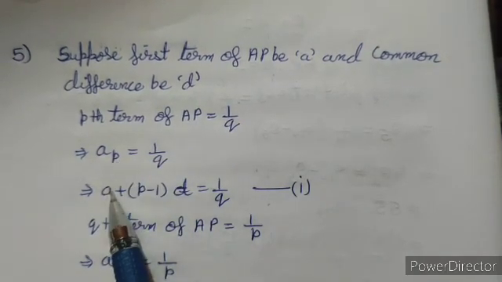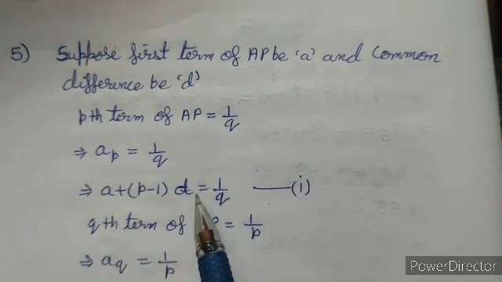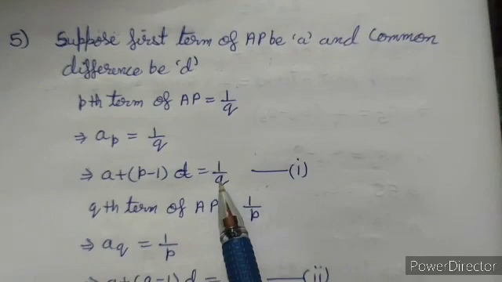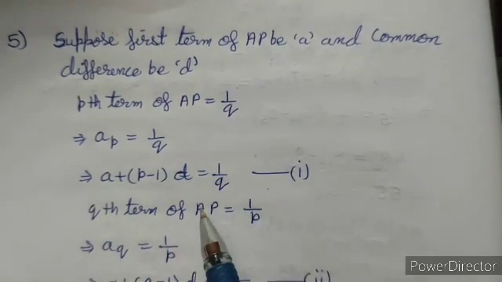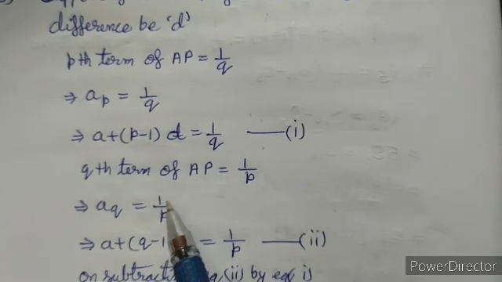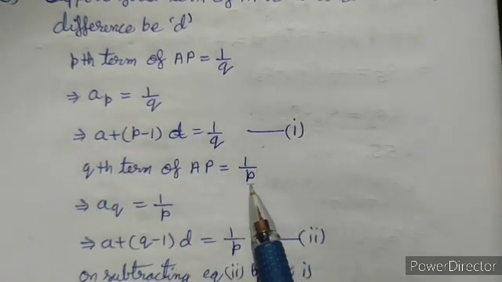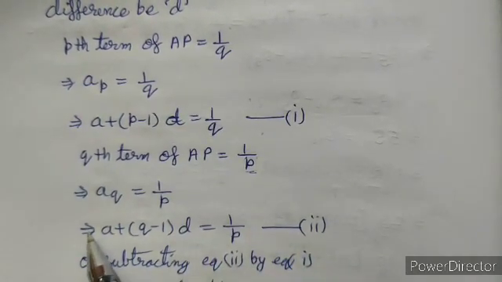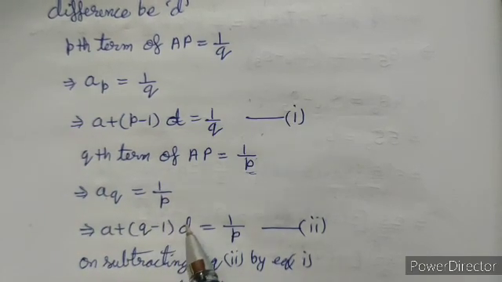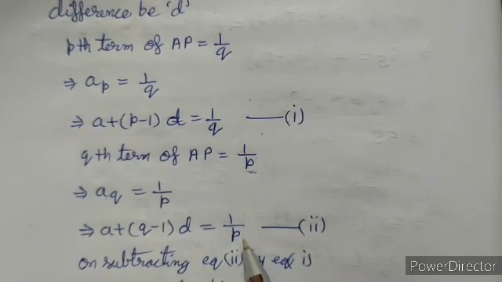Now ap will be a plus (p minus 1) d, and that is equal to 1 upon q, as given to us. The qth term of the AP is given as 1 upon p. That means aq will be 1 upon p, and that will be a plus (q minus 1) d, equal to 1 upon p.